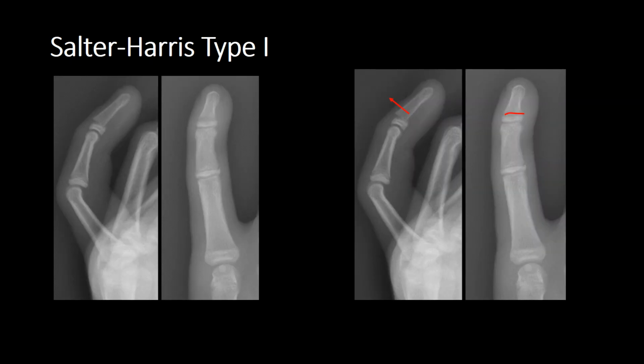Okay, so here we have a Salter-Harris type 1 injury, and we can see here that the physis of the distal phalanx has been disrupted.